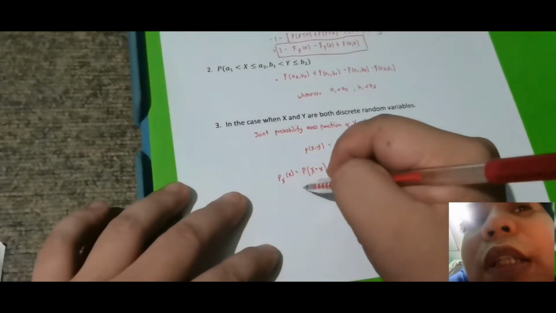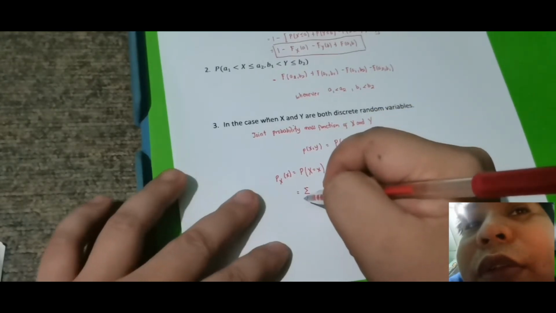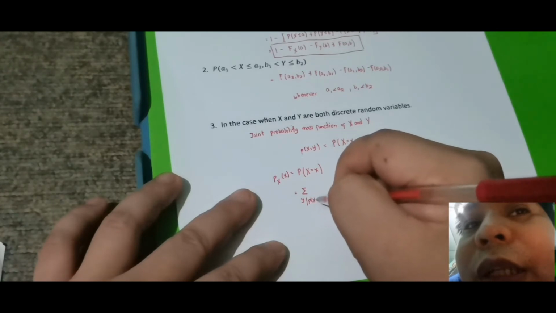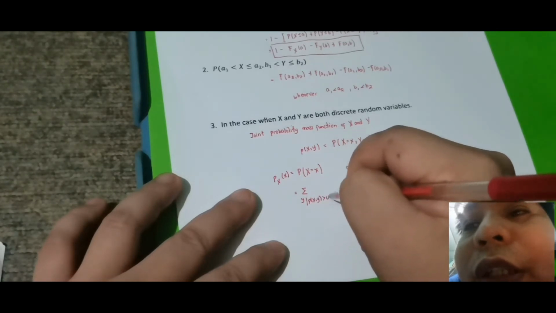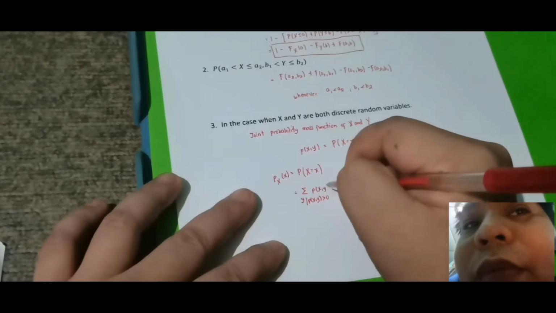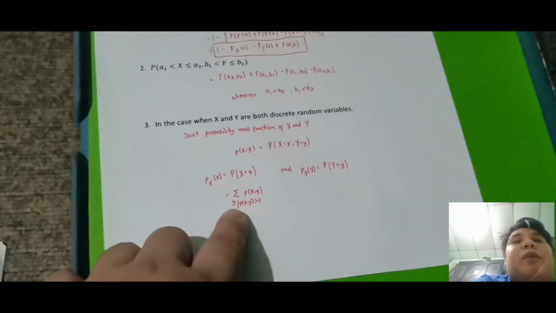So sir, paano yan in terms of formula? So in terms of formula, this is just equal sa summation over y, such that yung probability ng x comma y is greater than 0, of probability ng x comma y. Okay, so again, y siya na kung saan kukunin ko yung mga value ng y.